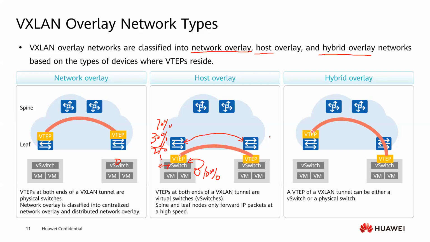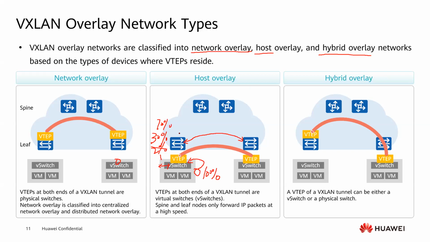But if you use the host overlay, you can use a traditional, cheap access switch. So it depends on how you spend your money. You can spend it on the access switches, or you can spend it on buying high-performance computer servers. It depends on you.